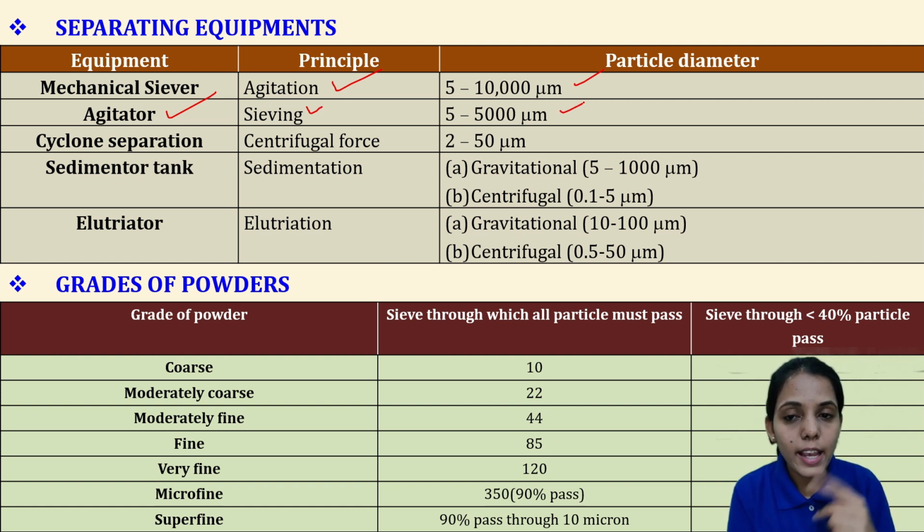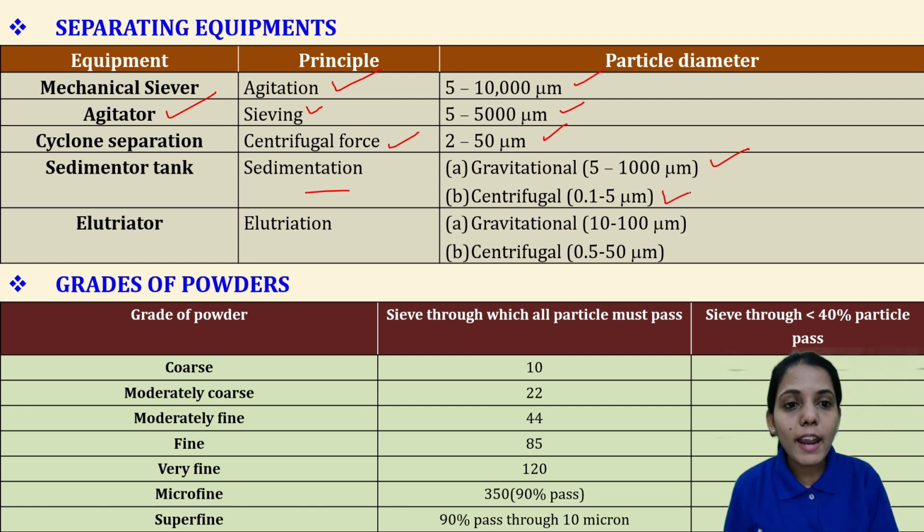Cyclone separation. In cyclone, centrifugal force is applied. 2 to 50 micron. Sedimentation tank, that is sedimentation, which is based upon the particle size difference. If the diameter is more, it will settle easily, and the lesser particle size will float. That is sedimentation, which is based on gravitational or centrifugal force.